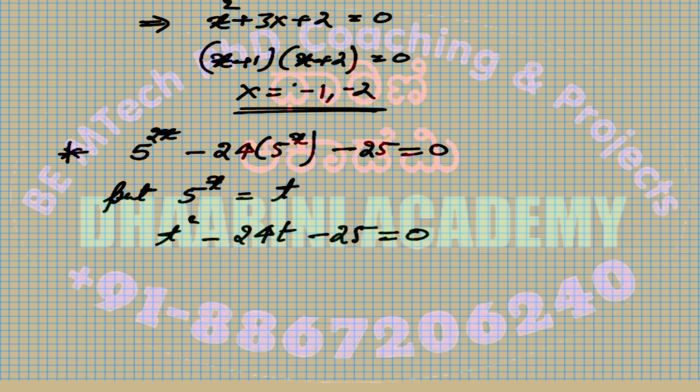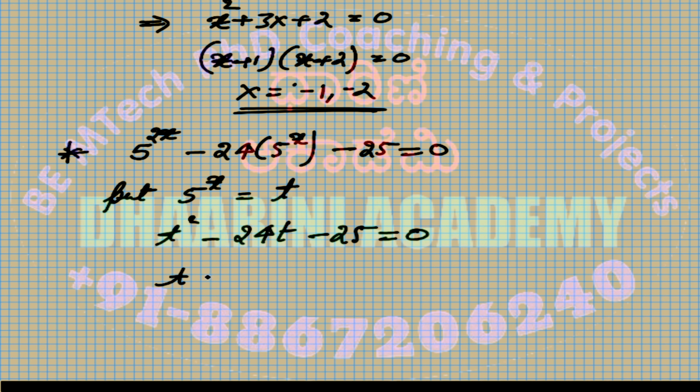So when I split, I get t, the sum should be 24, product should be 25, means it is t minus 25 and t plus 1, so equal to 0. So the t can be either 25 or minus 1.